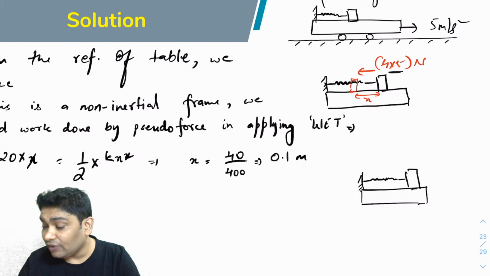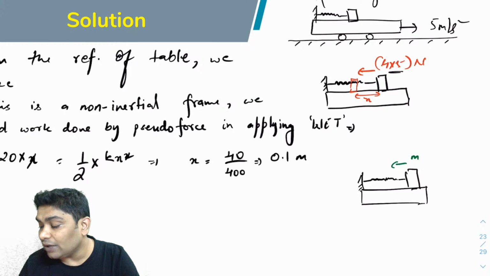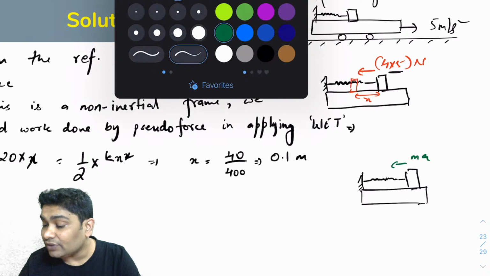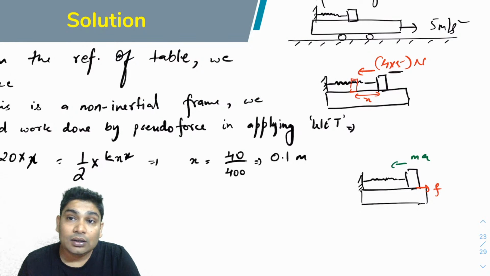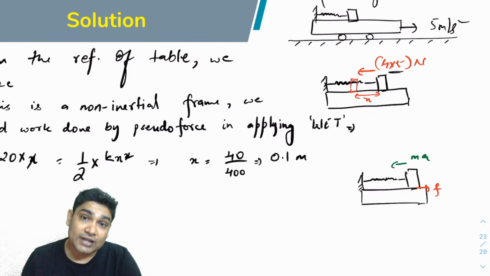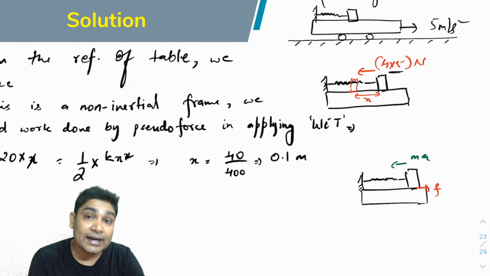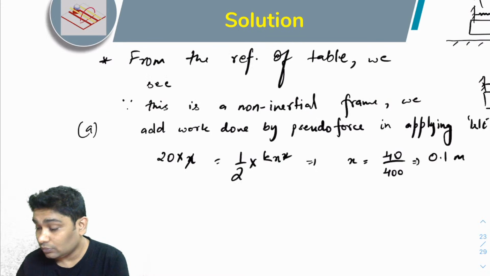You will have a force trying to push it, equal to MA, and a friction opposing it, and the spring will not get compressed unless MA is greater than F, or the limiting friction.